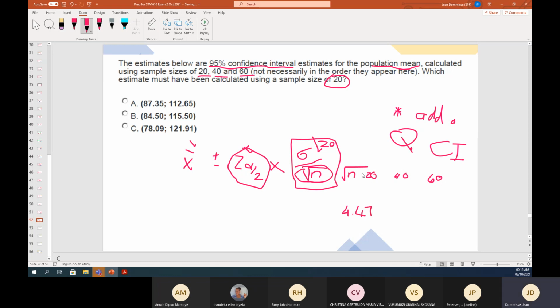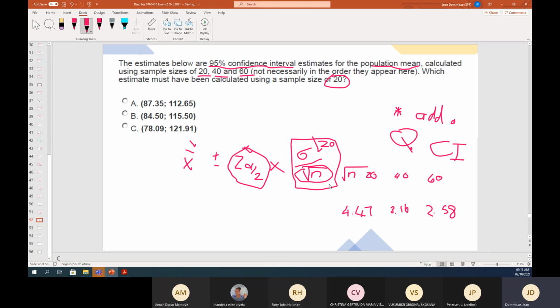If we say 20 divided by the square root of 40, we get 3.16. And 20 divided by the square root of 60, we get 2.58.